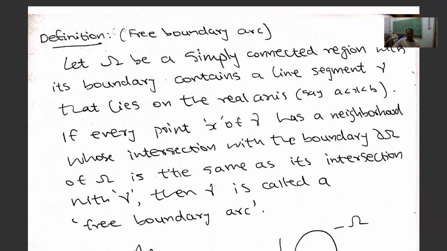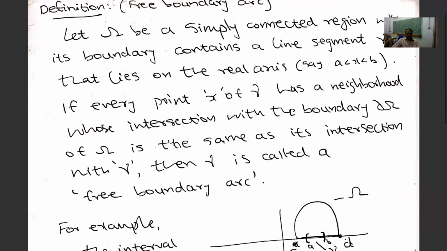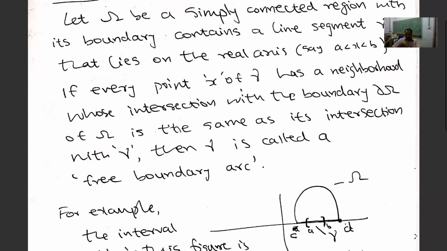Now we have a couple of definitions. One is of the free boundary arc. You begin with a simply connected region omega, and suppose that its boundary contains a line segment gamma that lies on the real axis, say an interval a to b. Now, if every point x of gamma has a neighborhood whose intersection with the boundary of omega is the same as the intersection with gamma, that means there are no other boundary points other than the points in gamma in at least one neighborhood of x, and this should happen for each element in gamma, then gamma is called a free boundary arc.